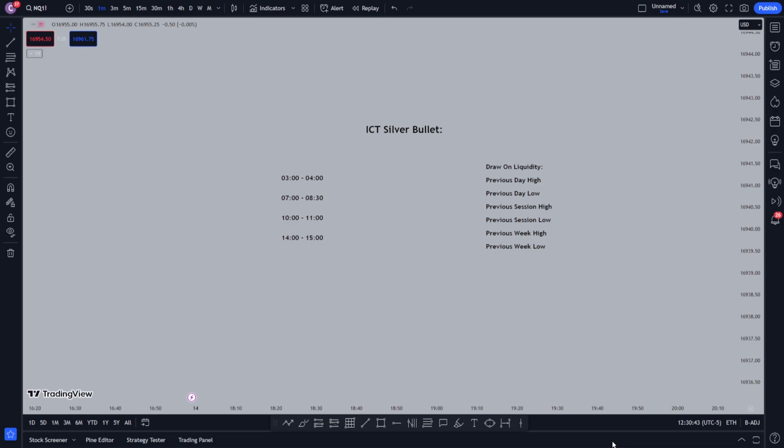So you could be looking at previous sessions high and low and previous week high and low. So these are your draws on liquidity where you're targeting, and these could also be potentially where you're looking for liquidity to be taken, just depending on whether it is a continuation or a reversal type of day.